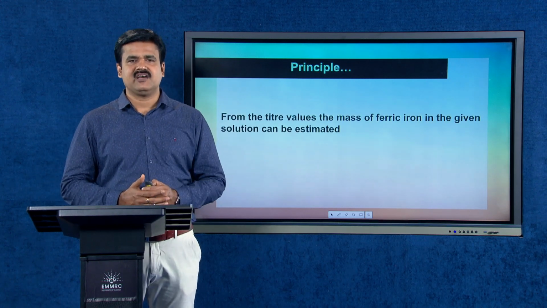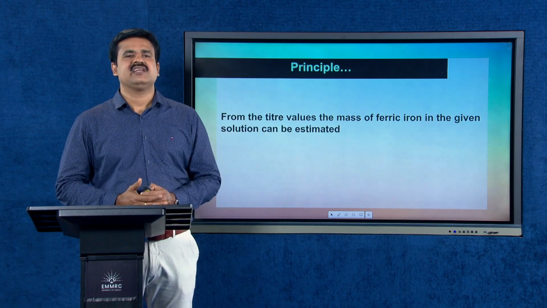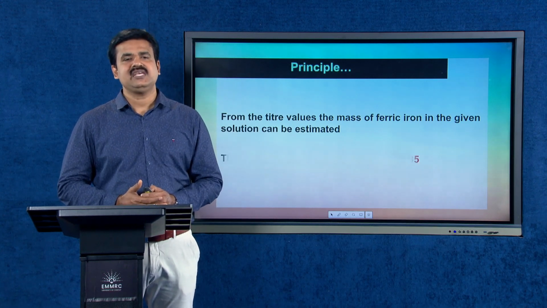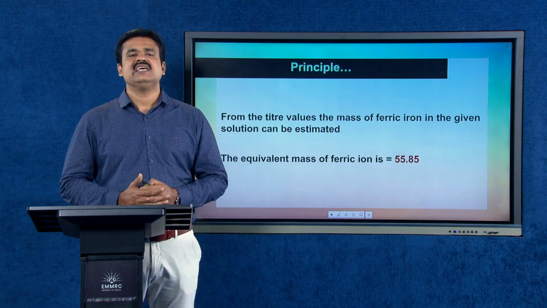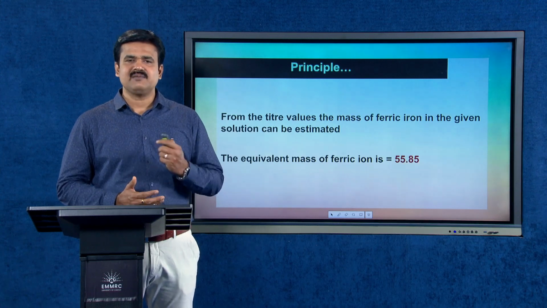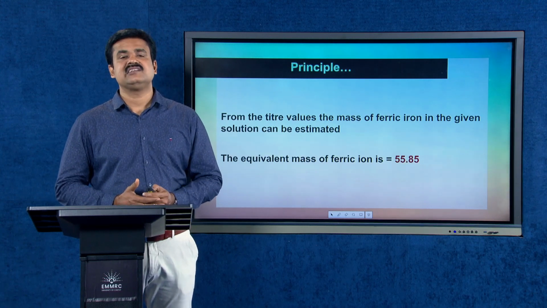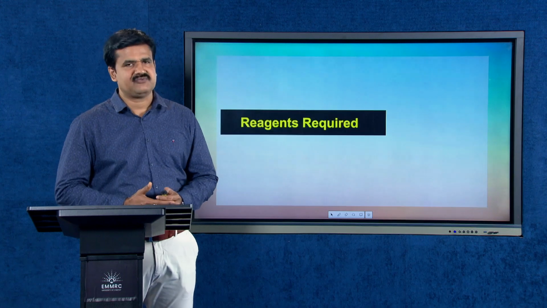From the titre values, the mass of ferric ion in the whole of the given solution can be estimated. Remember, the equivalent mass of ferric ion is same as its atomic mass, that is equal to 55.85.